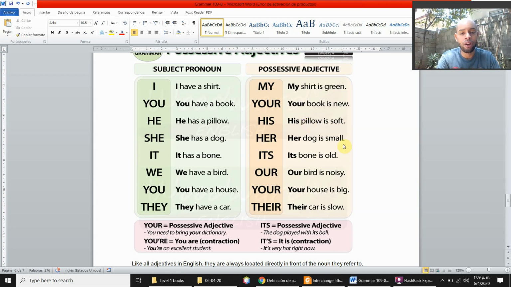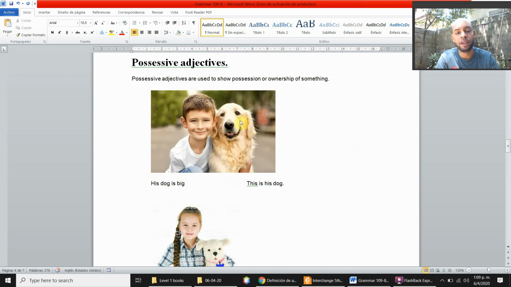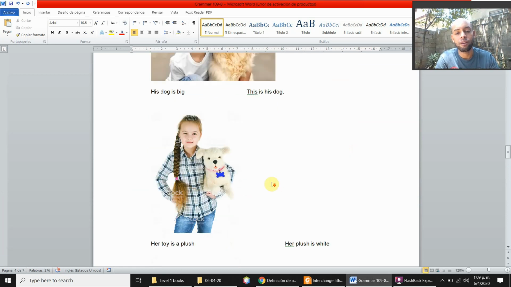She has a dog. Her dog is small. Her dog, the dog is her property. It's like this example we saw here. His dog is big. This is his dog.